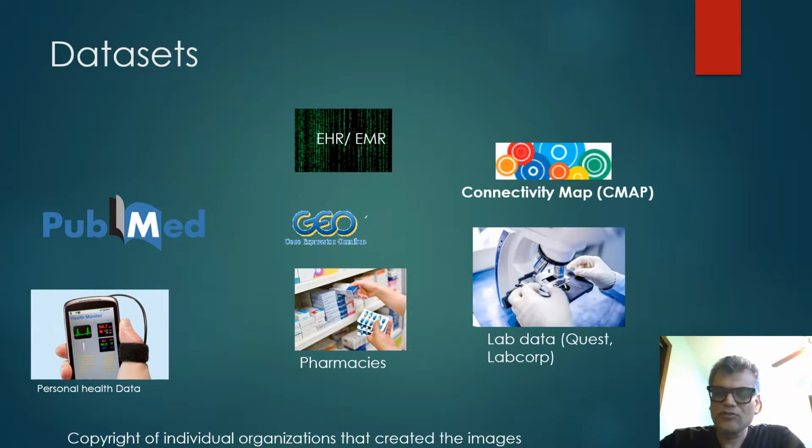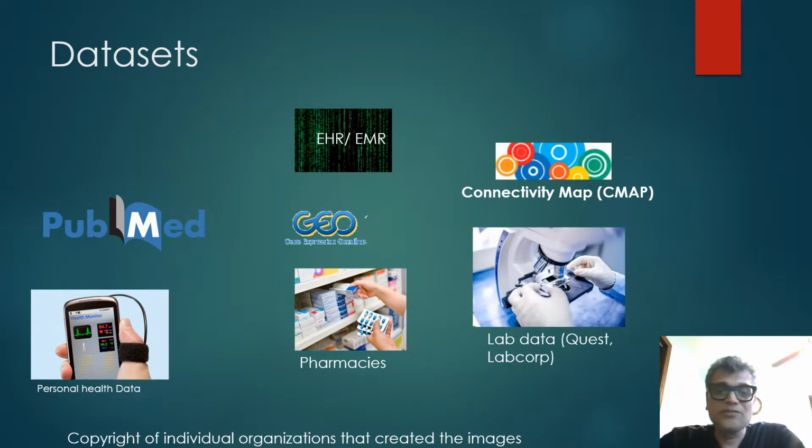When we look at public domain data, you have PubMed, which is research publications that are out there, and companies frequently write algorithms to go after that data to find out as much as they can on research that has already happened. Then we have gene expression omnibus, which is essentially disease gene expression data. This is genomic data that is available out there in public domain.